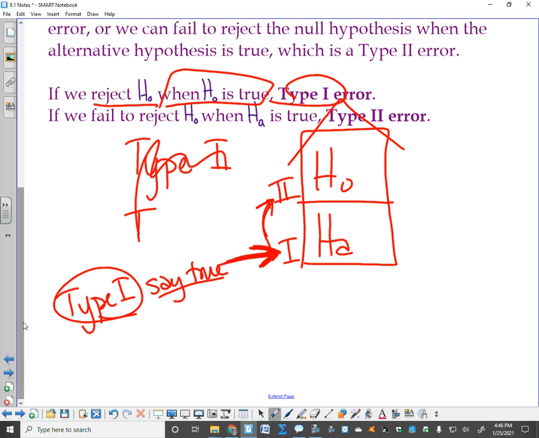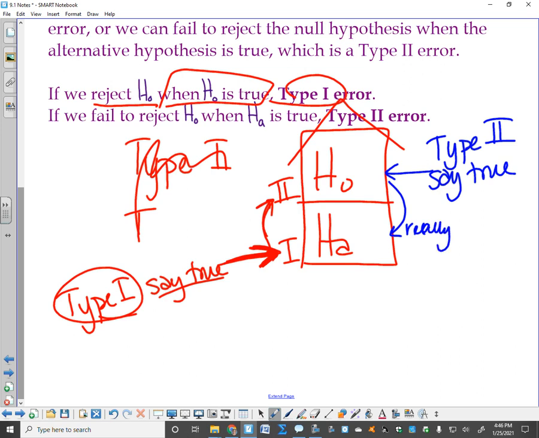Now a type 2 error goes to the second floor first. Type 2 says this is true. H sub O is true, when actually this is really true. And that's what this means too. So you say type 2 error means you say the second floor is true.